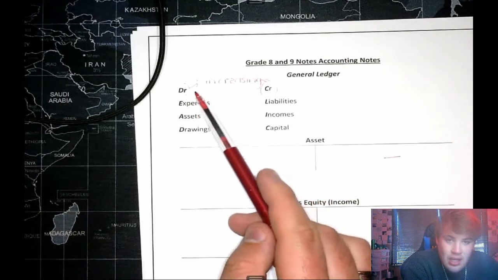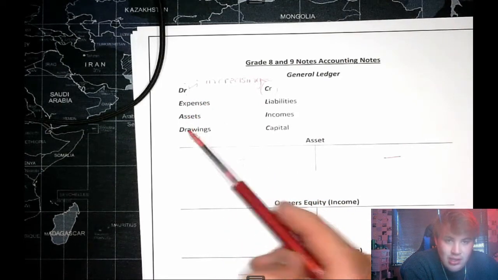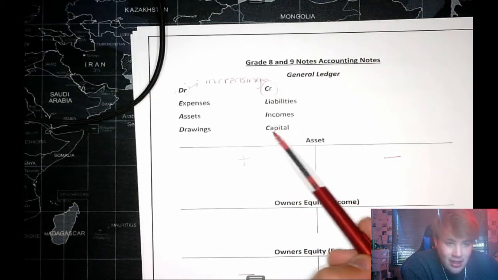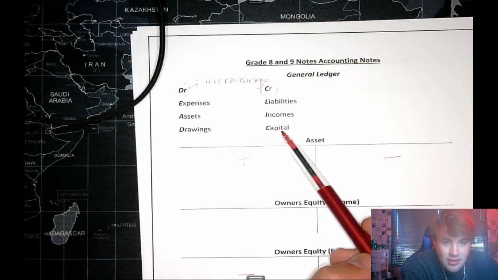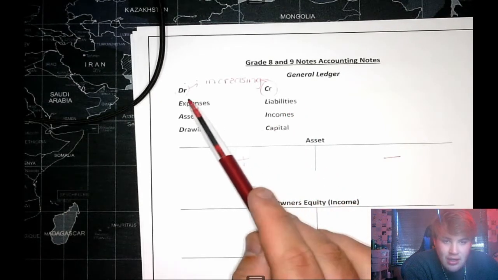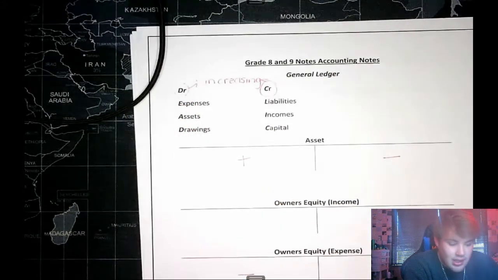We debit all expenses, assets, and then of course the drawings account, and we credit liabilities, incomes, and of course our capital account. So click: credit, liabilities, incomes, capital. Dead: debit, expenses, assets, and then drawings account.